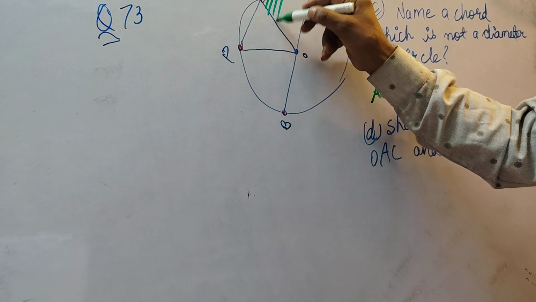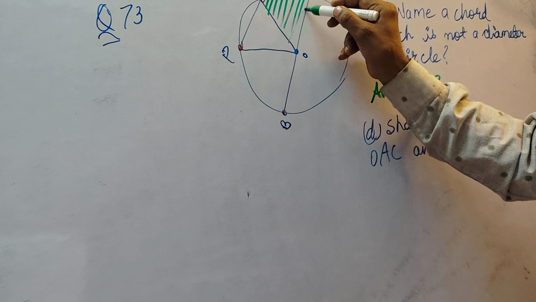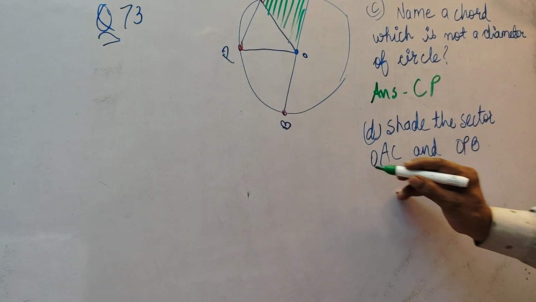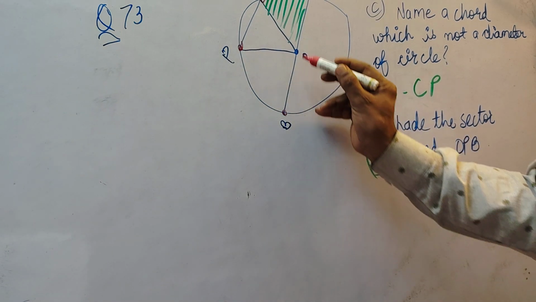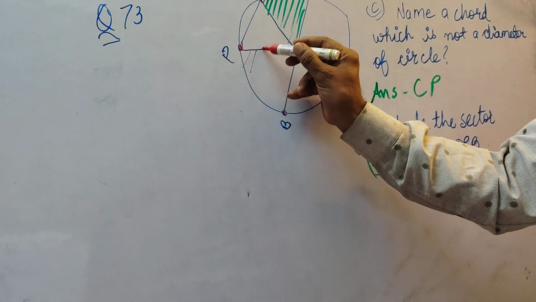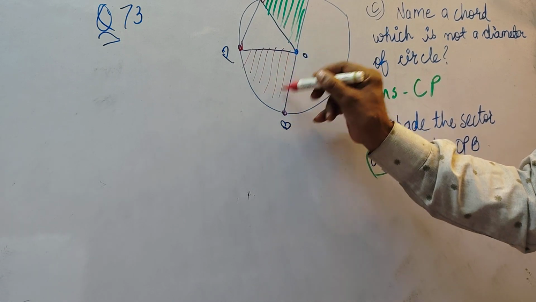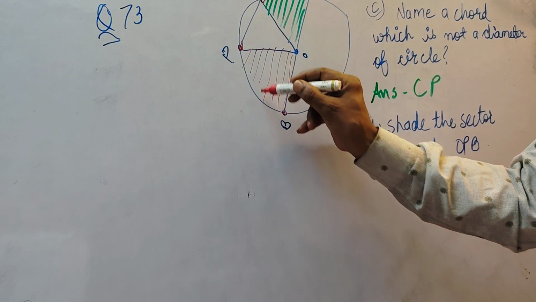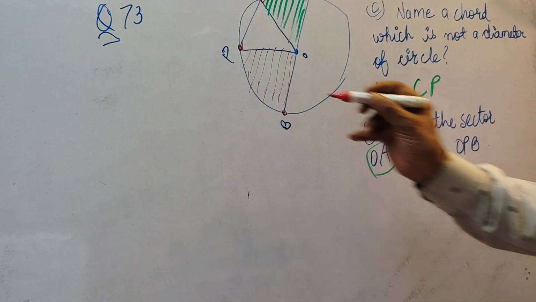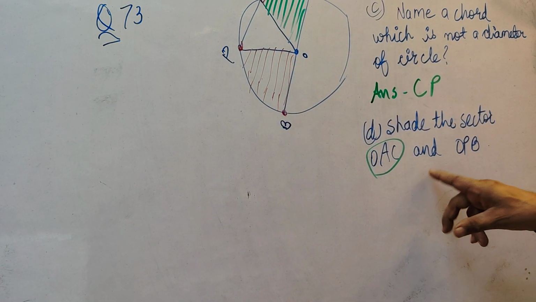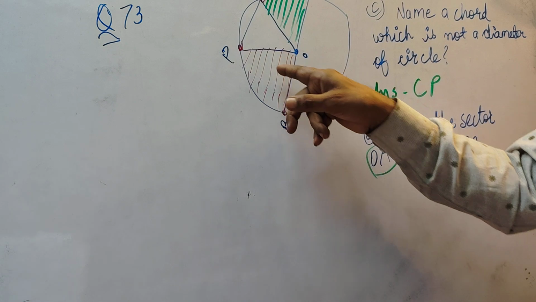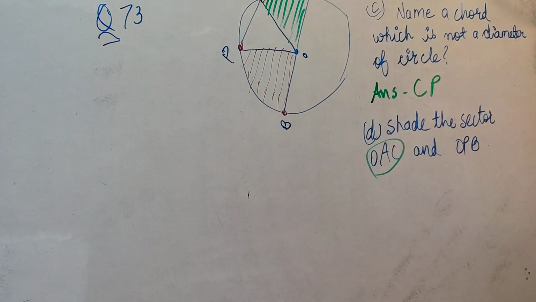This is the OAC part that we have shaded here with green color. Now OPB, we are shading with red color. So the red part is sector OPB, and the green part is sector AOC.